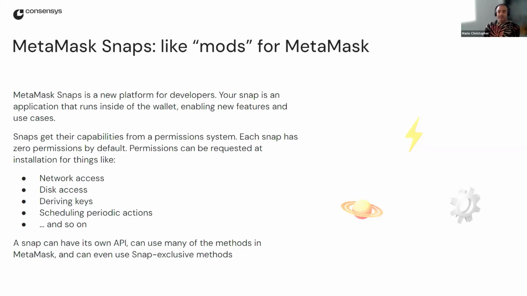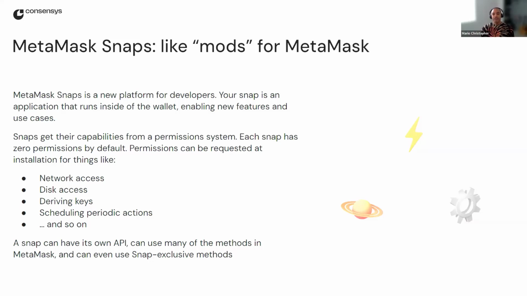A snap is a new development platform that is available within MetaMask. So think about it like this. When ConsenSys came up with MetaMask as a wallet, they wanted to put all the goodness of the world into it, right? But there is a limit to how much we can add without having thousands of employees on our side.